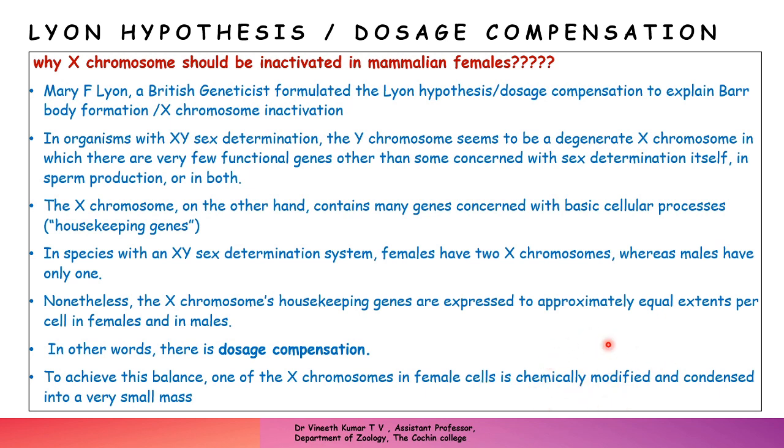That's why I said chemical modification does not mean modification of the genes. Genes are not modified; if the genes are modified, they get mutated. It is just the modification of the histones so that the chromosome remains tightly closed and condensed into a very small mass.